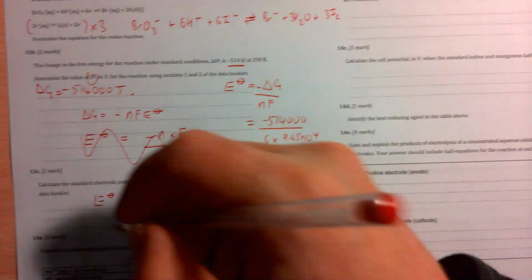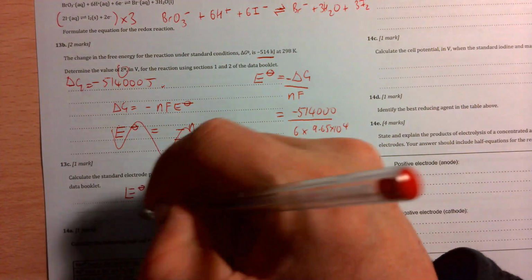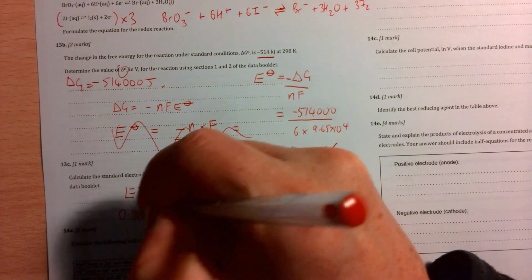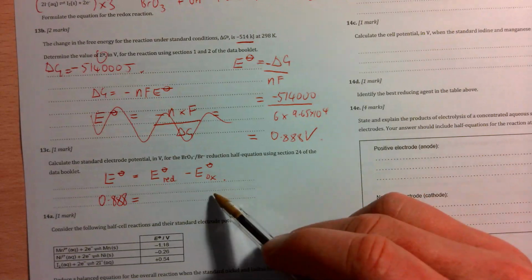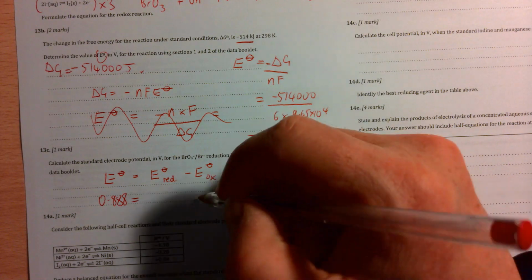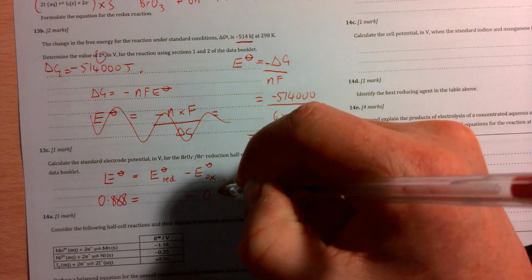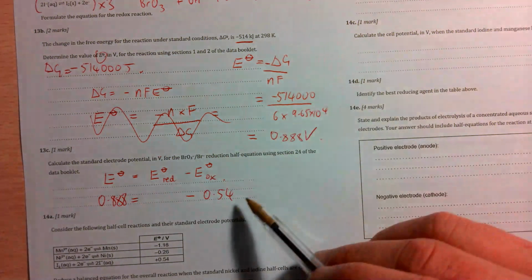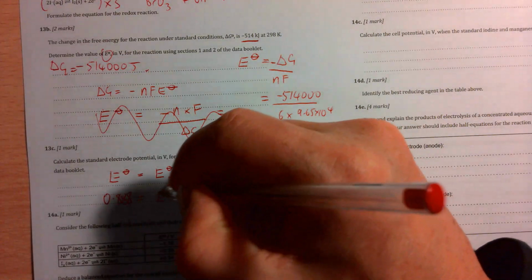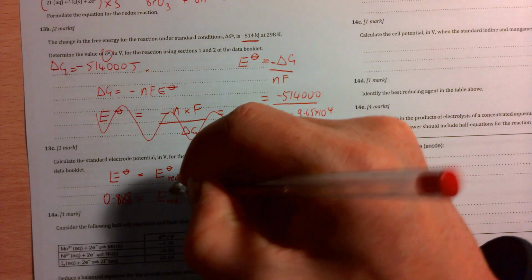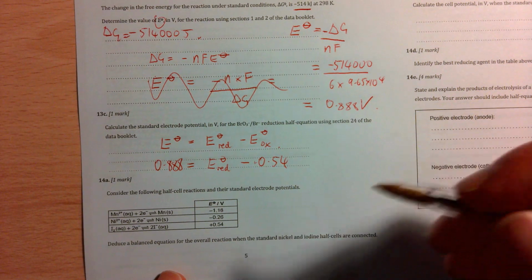We've worked out the value for E standard, which is 0.888, for the E cell for that reaction. We've just looked up this one, so it's minus 0.54. The value was plus 0.54, but look, it's take away there, and so we need to find out E standard for the reduction, which is the bromate to bromide.